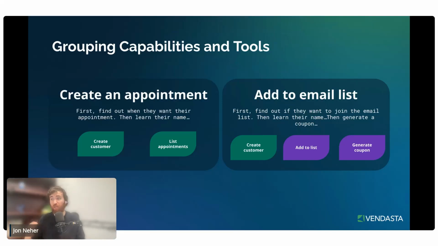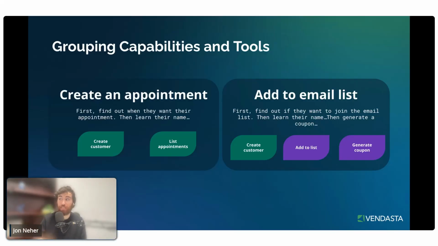Now, in this case, you're probably wondering, should I have one capability for creating a customer and just use that capability to say, hey, create a customer in these scenarios, and then try and combine them with these other use cases? That is possible. And I will, in another session, show why you might want to break out these tools into little contained pieces. But it's okay to have a tool included in a capability in multiple places.